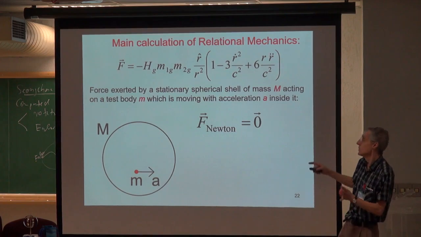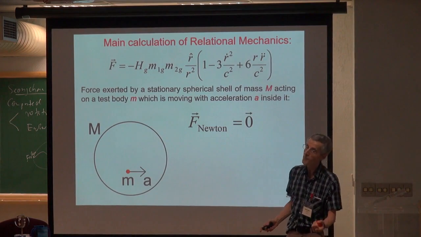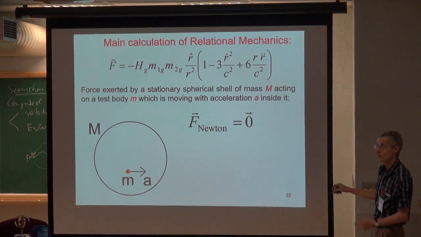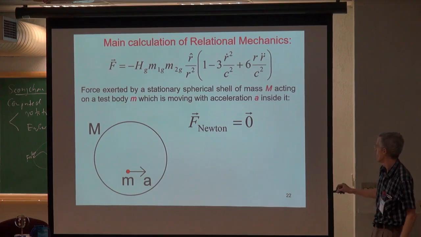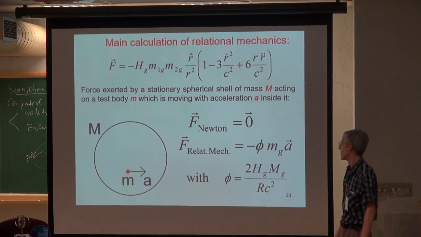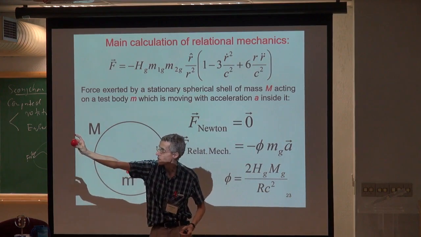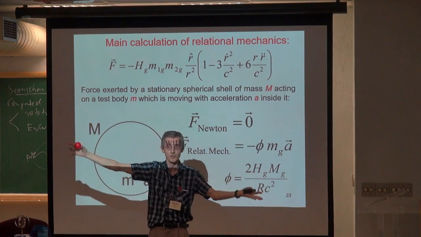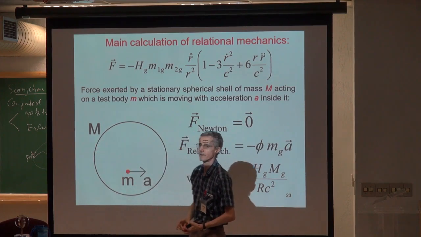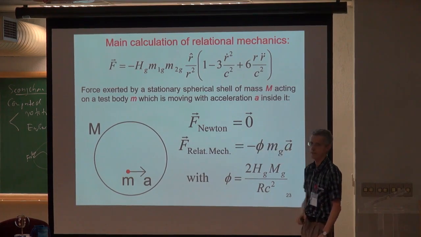Then we need to do the integration. It's not obvious that it will be zero. And when we do the integration, I won't show the details, it is in my book, the result is that the force is no longer zero. If I try with my hand to accelerate the apple to the right, the walls of this room will exert a small force to the left, minus a constant phi m a.